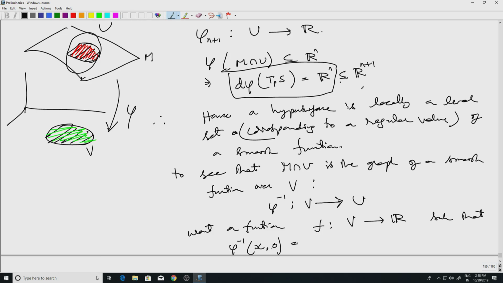So x would have n coordinates and the n plus first coordinate is 0.